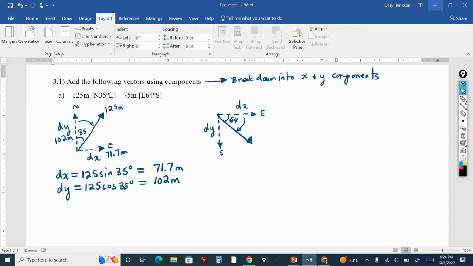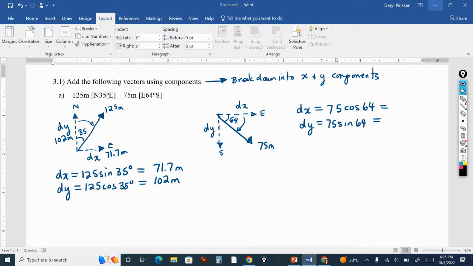Now over here for this one, your dx is going to be the cosine one. That's 75 meters. So it's going to be 75 times the cosine of 64. And the dy is going to be 75 times the sine of 64.